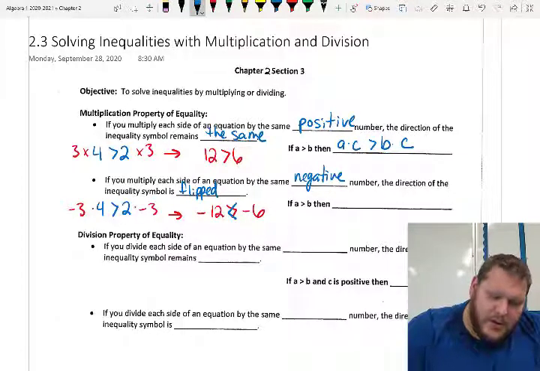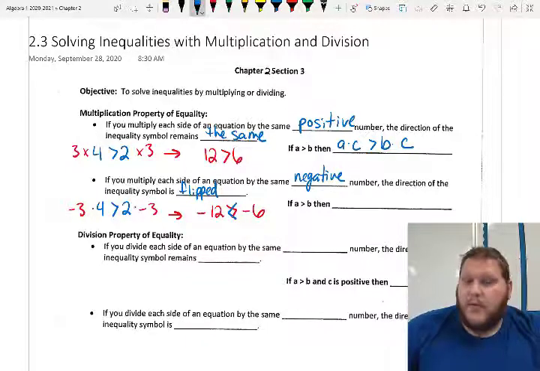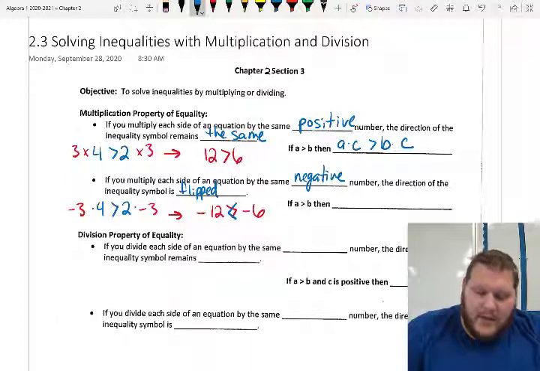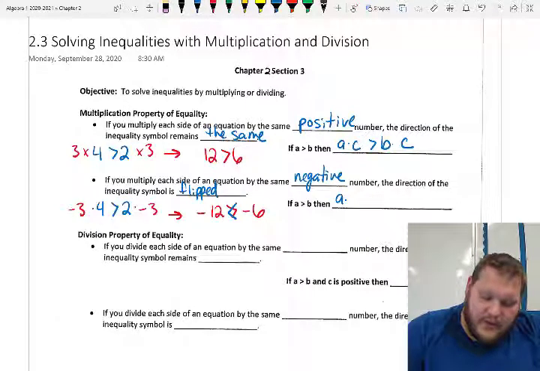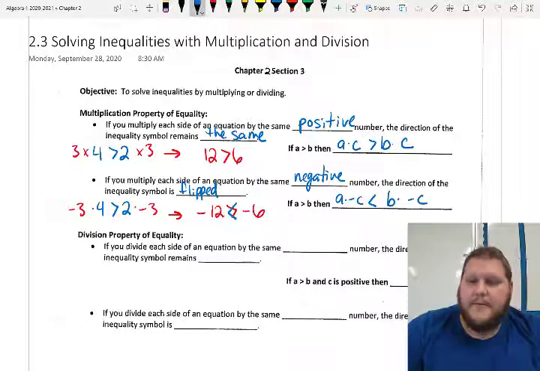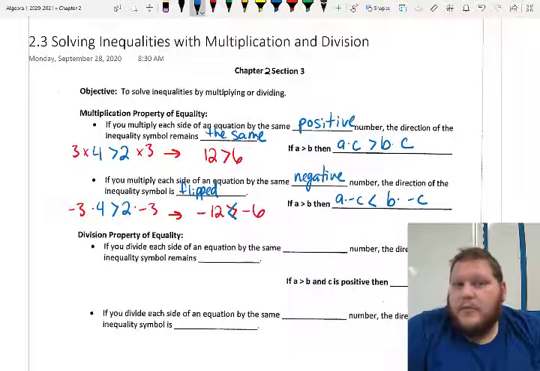So here, that inequality is flipped. So the way that we would write this in my if-then statement over here, if A is bigger than B, then A times negative C is now going to be less than B times negative C, if that number is negative. We have to flip that inequality.